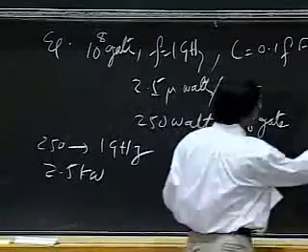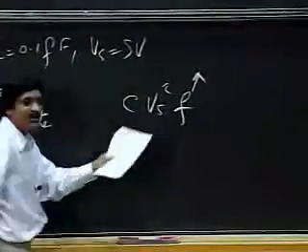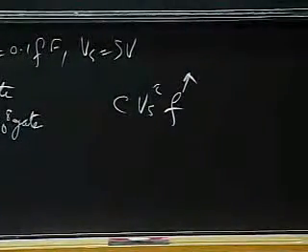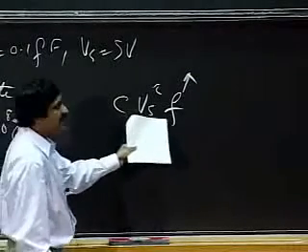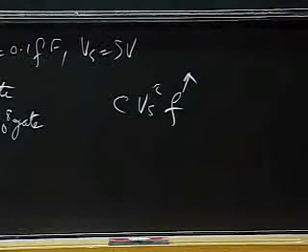If I stare at this equation, C Vs squared F, I want to increase F because people will buy computers if I have higher frequencies. Intel has used its marketing campaigns to pretty much convince consumers that high frequencies are a good thing, whether they really mean anything or not.